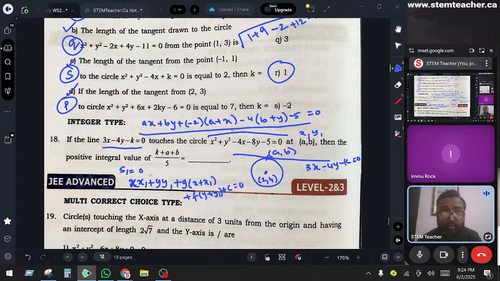It is -2 plus a. -2 plus a is equals to 3, so a equals to 5.